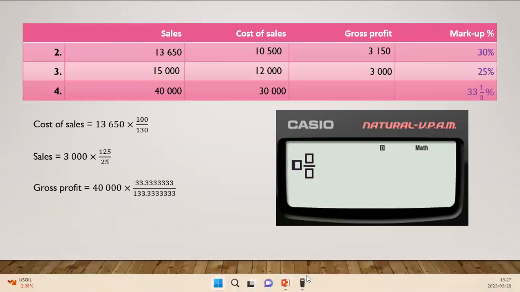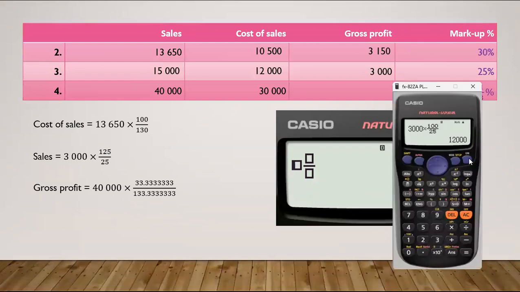So basically, if I wanted to use this one here to calculate gross profit, let me just show you instead of just talking about it. I was going to take the 30,000, which is cost of sales, and multiply by the percentage of what I want, which is my gross profit, and divide it by the percentage of cost of sales, which is 100. Actually, why did I use 30 here? Because the percentage is not 30%.